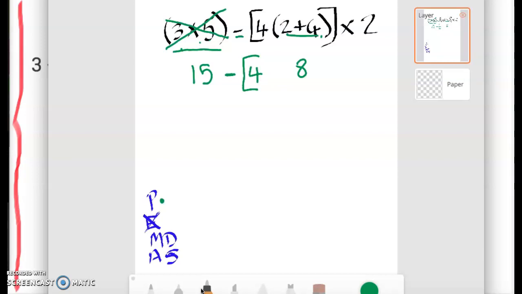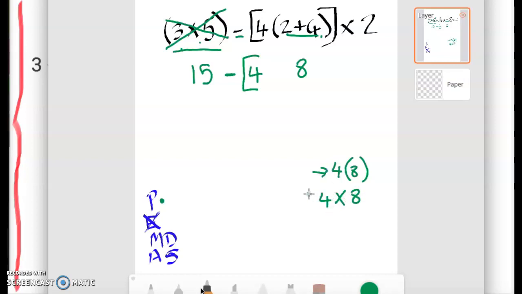Let me stop for just a second and let you know, if you didn't already know: if you have a number that's right up next to parentheses like this, that means to multiply. That is the same as writing 4 times 8.